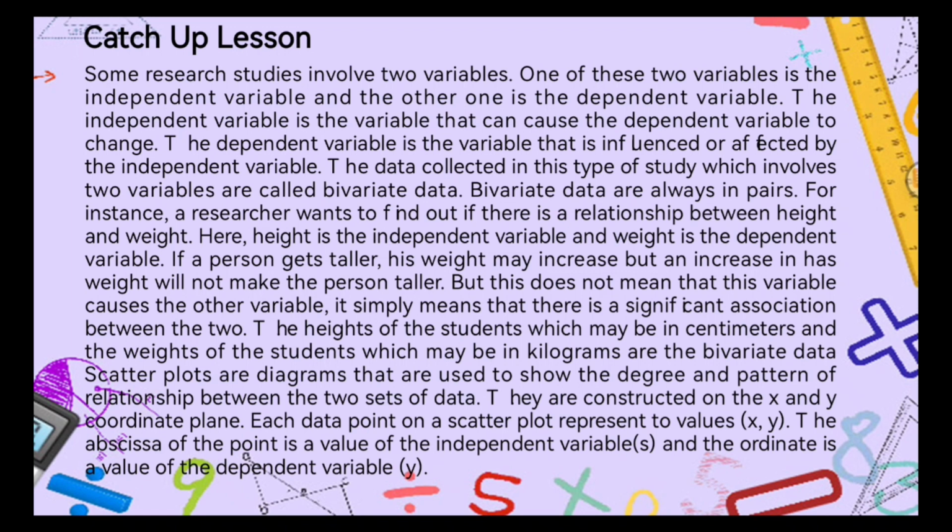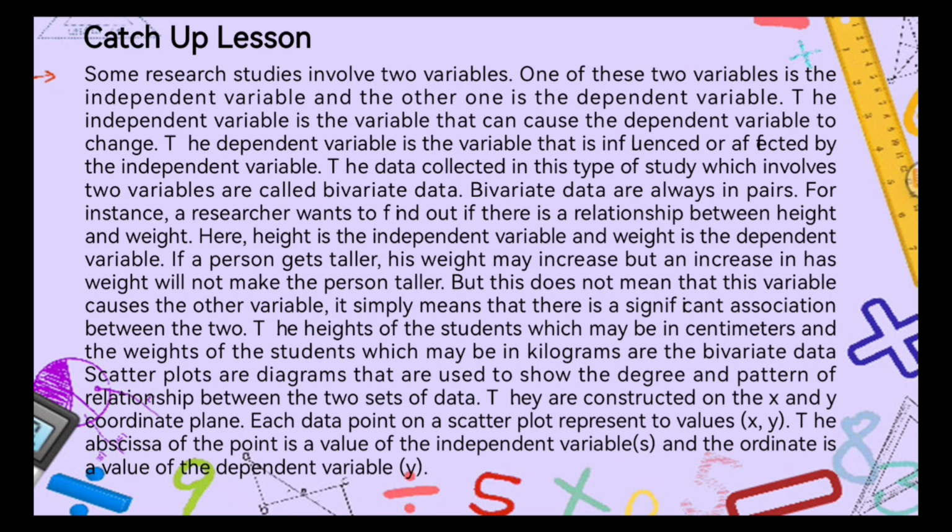For instance, a researcher wants to find out if there is a relationship between height and weight. Here, height is the independent variable and weight is the dependent variable. If a person gets taller, his weight may increase, but an increase in his weight will not make the person taller.